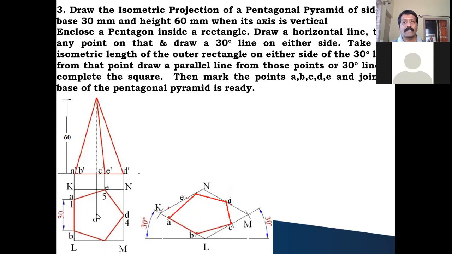So how to get the center of the pentagon? You have to bisect any two lines to find the center of the pentagon. For example, from A to B, take more than half and draw an arc from A as well as B. Similarly, for another side, from A to E, take more than half with the help of your compass and cut from A as well as E. With the intersection of the arcs you get, draw a line to this corner, and here, whatever intersection you get after bisecting AE, draw a line to this corner.